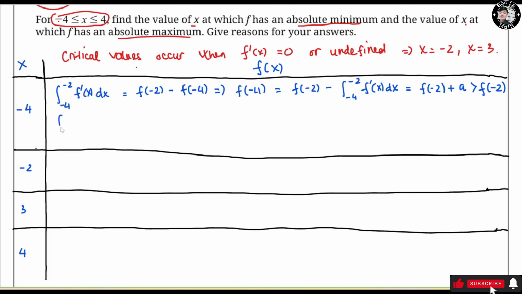Now the integral from -4 to 4 of f prime of s ds is f of 4 minus f of -4. So f of -4 is f of 4 subtract the integral from -4 to 4 of f prime of s ds, right?